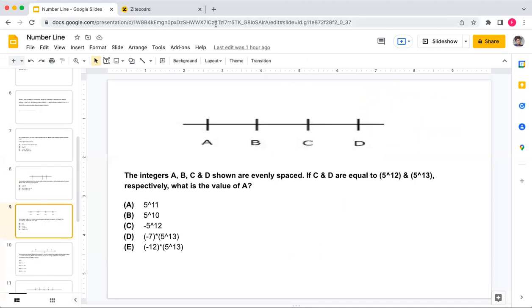Yes, try this question. And just keep in mind that these are evenly spaced. Each distance between two consecutive ticks is the same.